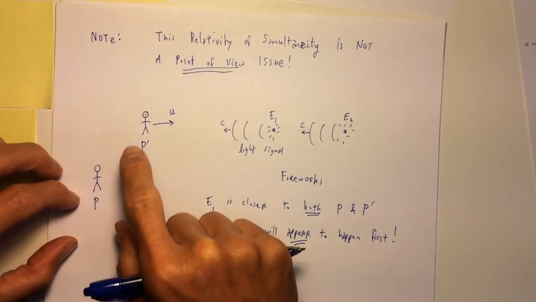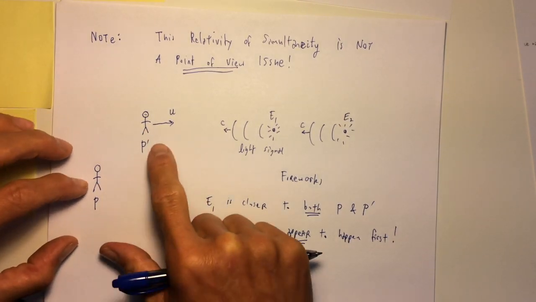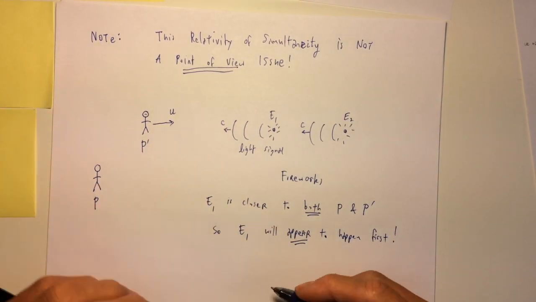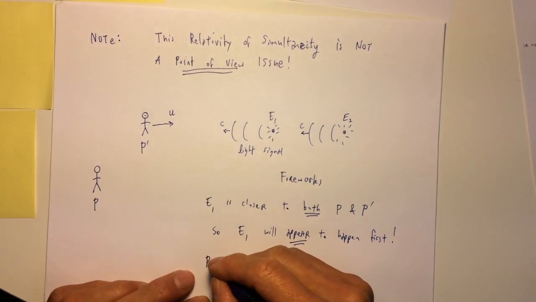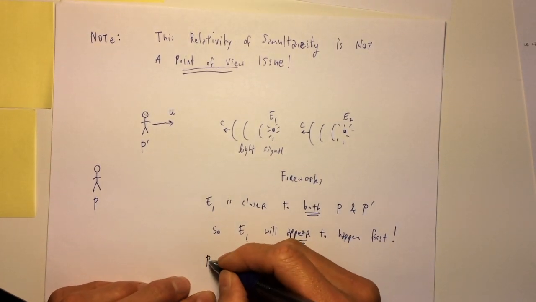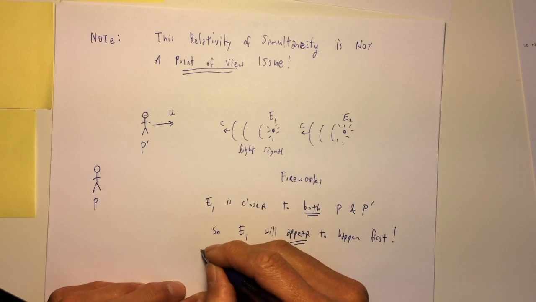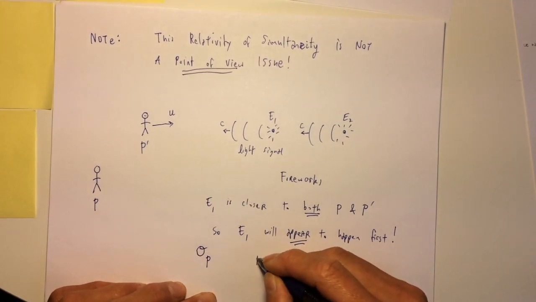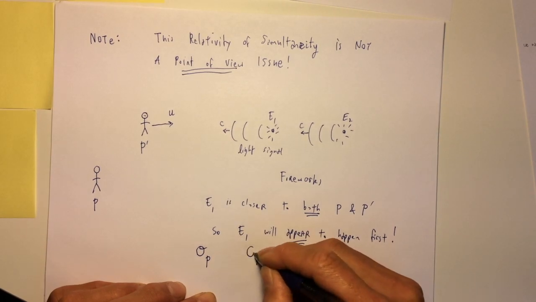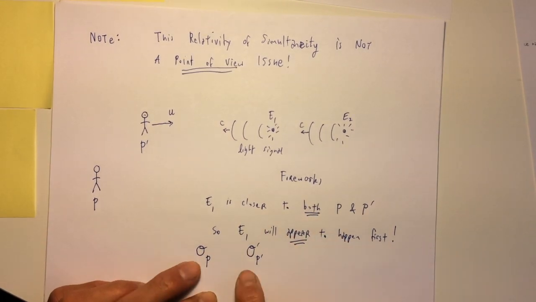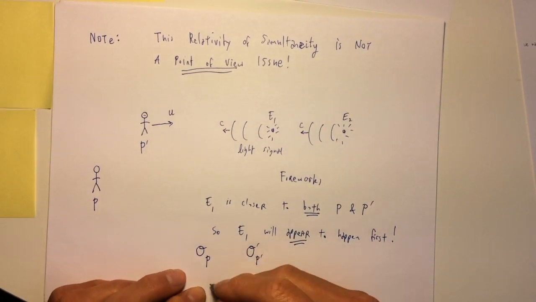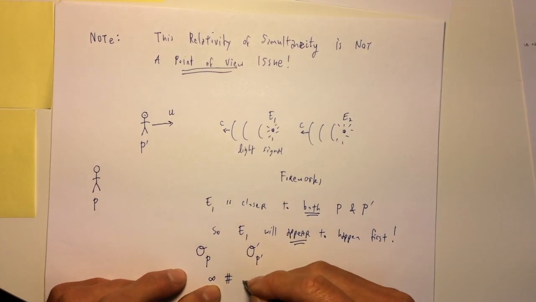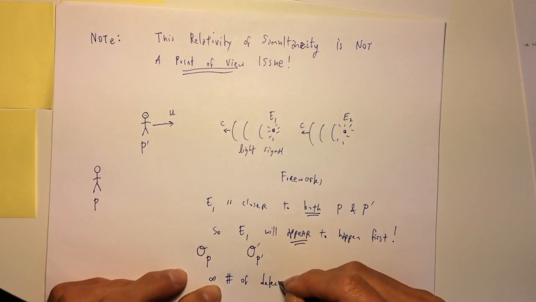The thing about these two observers, though, is they're really, really smart. P is associated with an observer frame O, and P prime is associated with an observer frame O prime. And they have an infinite number of detectors and clocks.